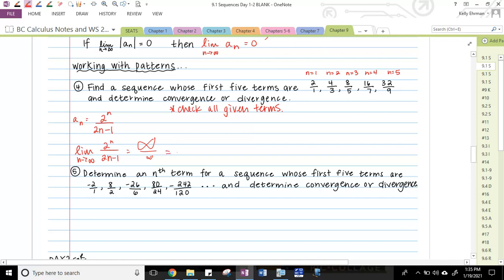So I know it's going to come out to infinity. We should do this more formally on an AP test if it's free response. But a lot of these are going to be multiple choice, so it's good to just think about it kind of logically. Anyway, therefore, they didn't really call this a sub n in the problem, so I'm just going to call it the sequence. The sequence diverges.